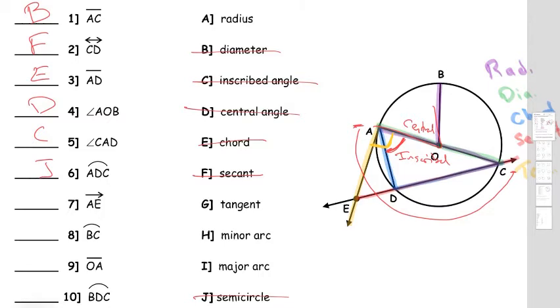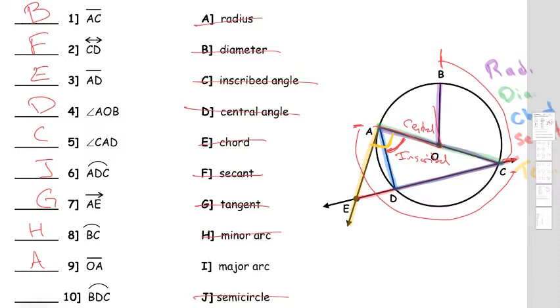Ray AE, notice how we already labeled it as our tangent, so that's G. And then arc BC. BC is going to go from here to here, which is less than 180, so that's what we're going to call your minor arc, or H. And then segment OA, we also said that's your radius, so A. And last but not least, arc BDC.